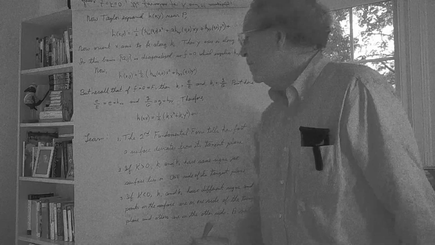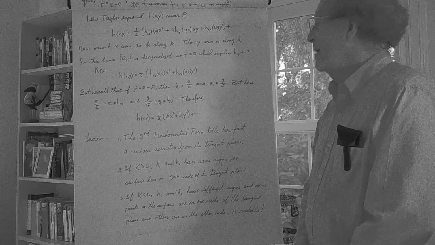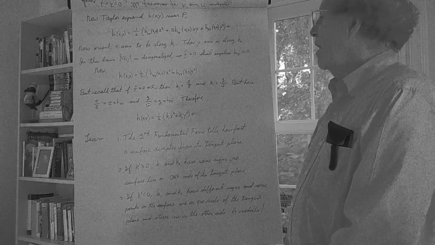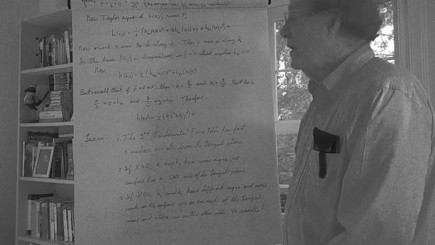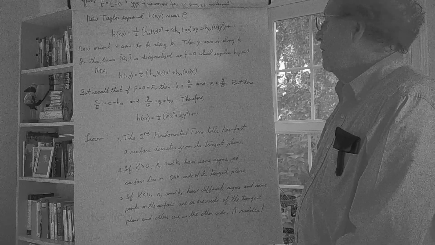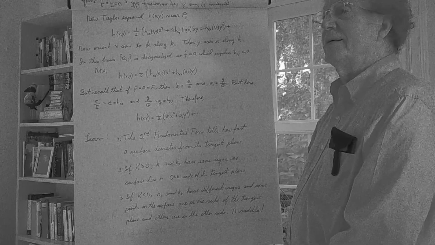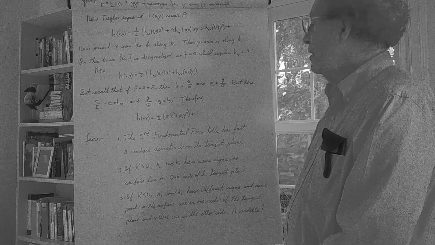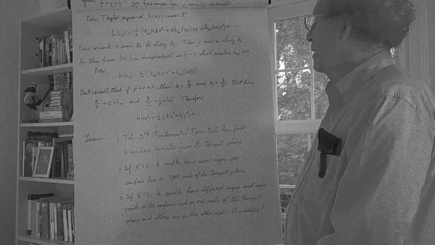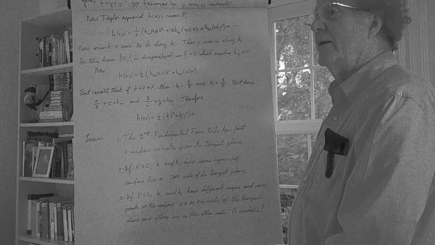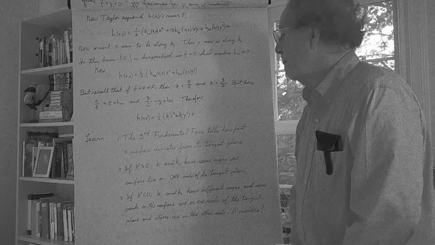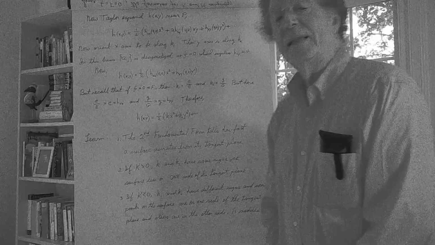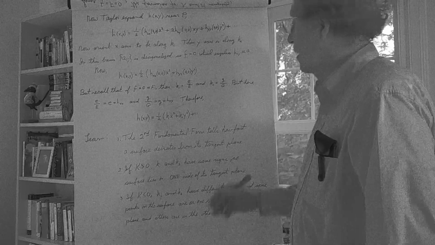We've done our algebra, and now we have that the height of the surface above the tangent plane is just 1/2 a quadratic form, and the coefficient of x squared is k1, the principal curvature, plus a term that goes like y squared, and the coefficient there is the other principal curvature k2. Okay, and that's what we wanted to show.